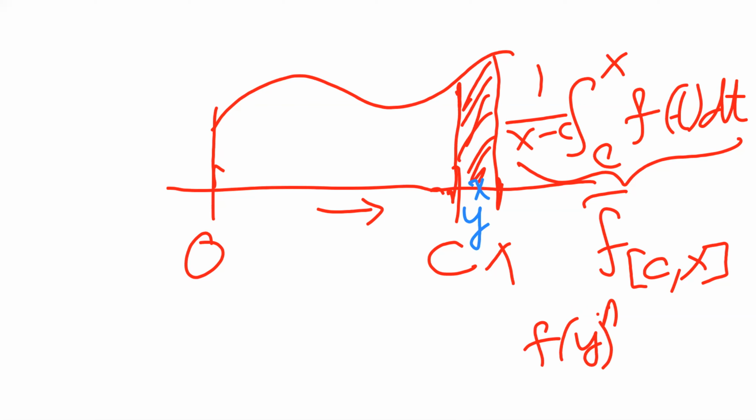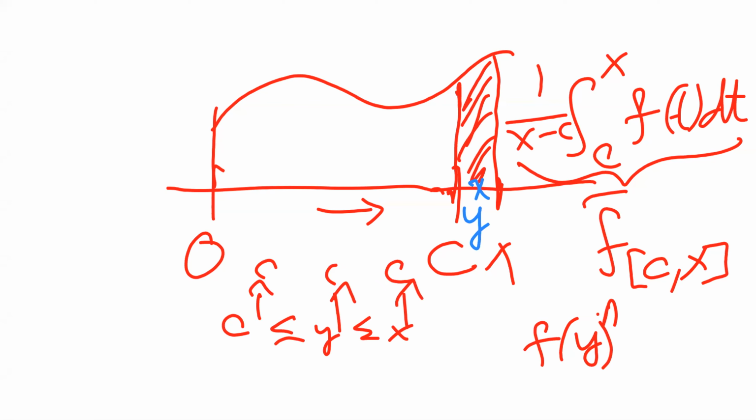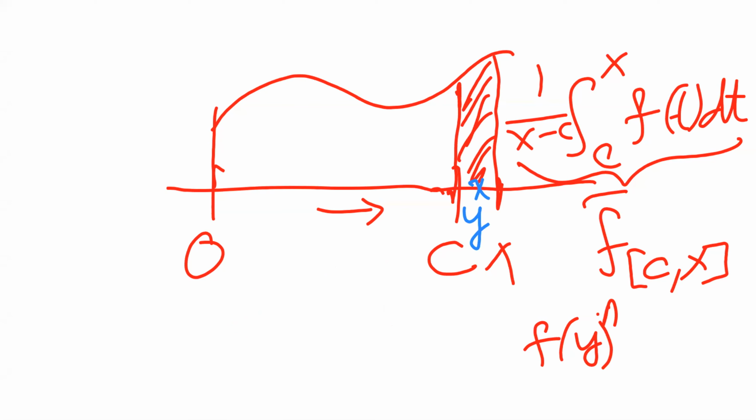But now when x goes to c, then certainly y also goes to c. This is the squeeze theorem. Because you have c here, and this one is fixed, and x goes to c, so y also goes to c. And so, since f is continuous, this converges to f(c) when x goes to c.